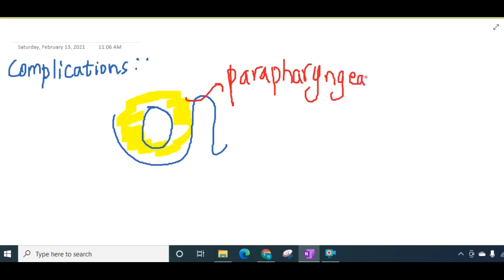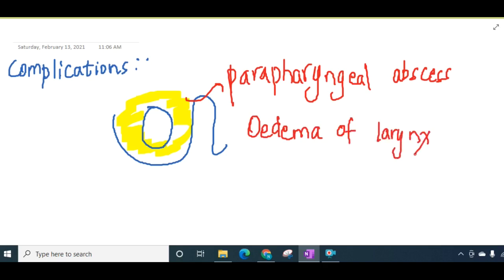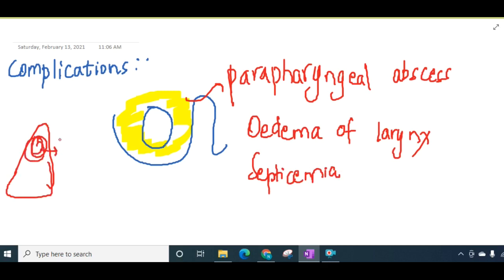Then it can also spread into the larynx and cause edema of the larynx. The infection can spread to the blood and result in various infections causing septicemia. Sometimes it can spread into the lungs causing either lung abscess or pneumonitis.